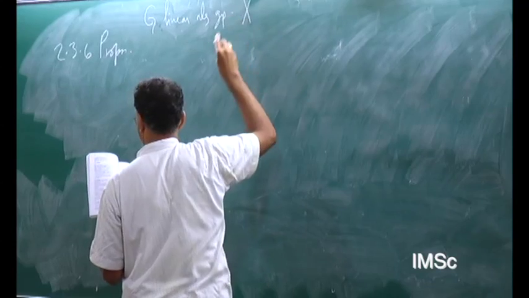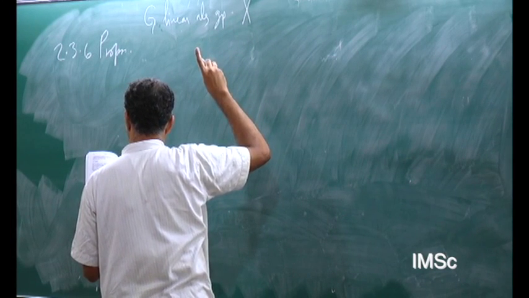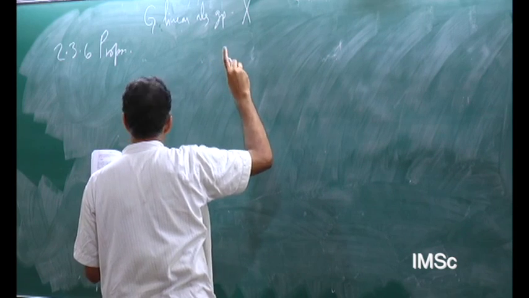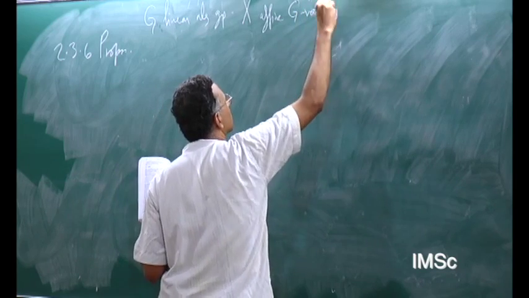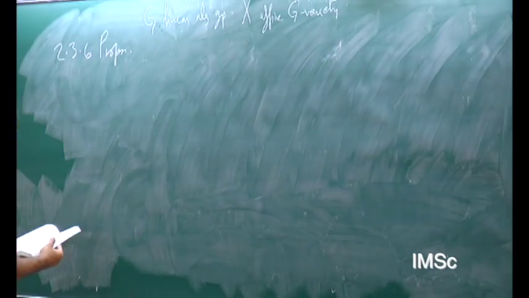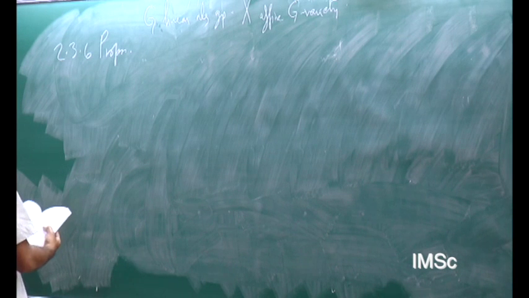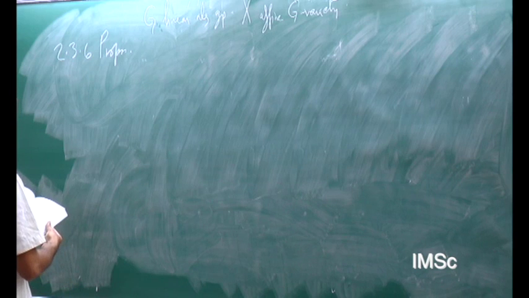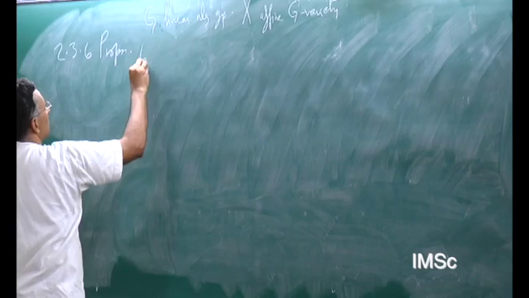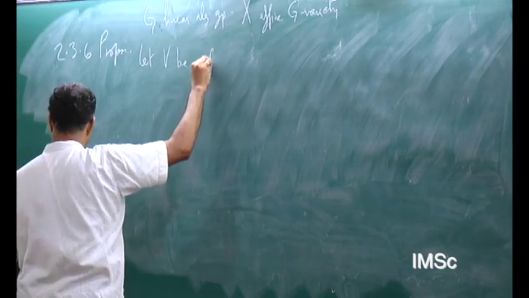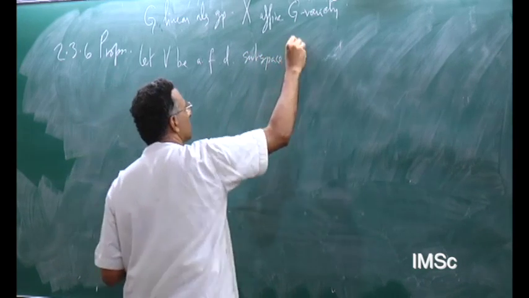X is an affine G variety. Let V be a finite dimensional subspace of K[X].